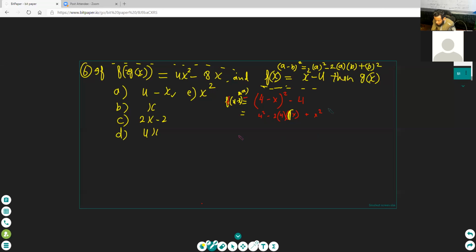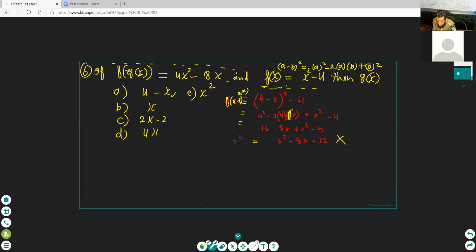We will not put the negative values. Okay, good. So it's going to be 16 minus 8x plus x squared minus 4, so x squared minus 8x plus 12. And then see, is your f of g of x equal to this or not? No, so cross it out.